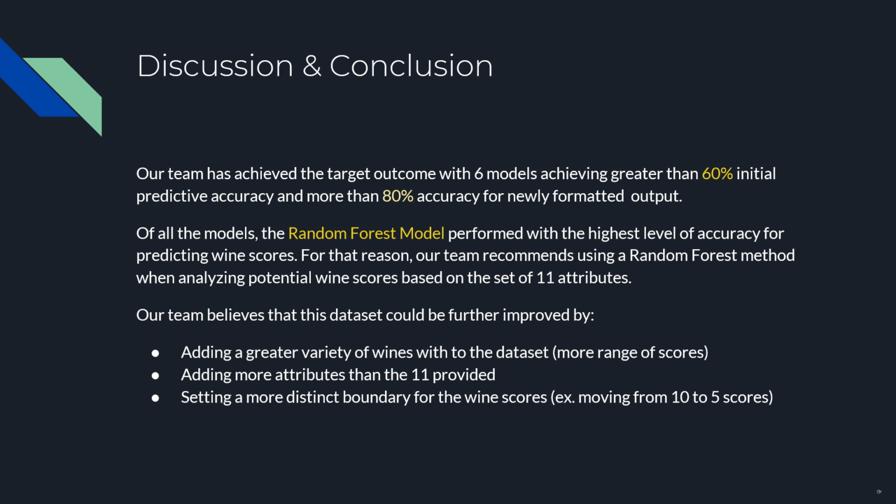The team believes that this dataset could be further improved by either adding more range of scores, adding more attributes than the 11 provided, or setting a more distinct boundary for the wine scores, which could be moving from 10 to 5 scores.